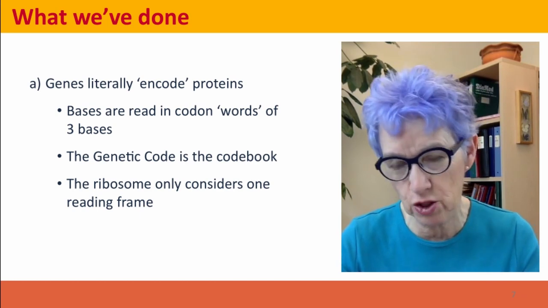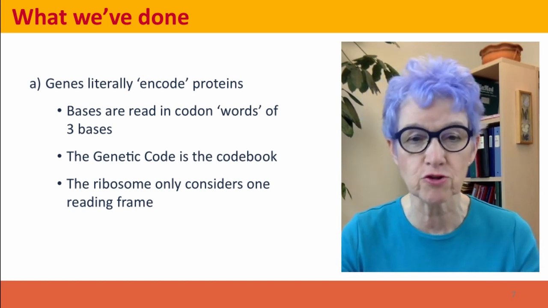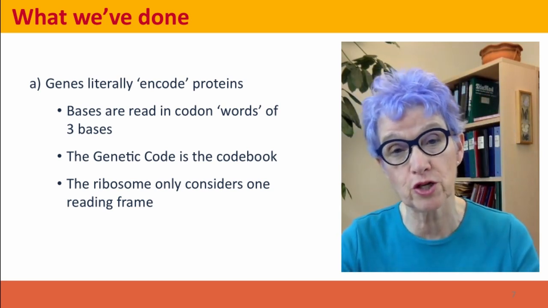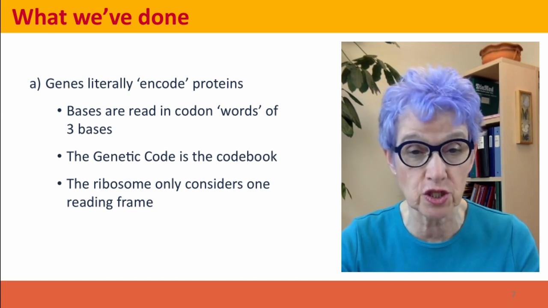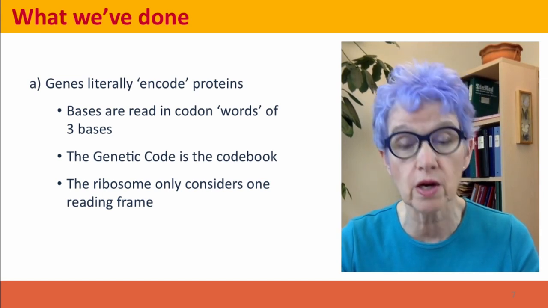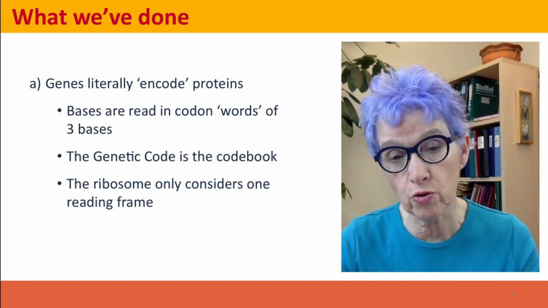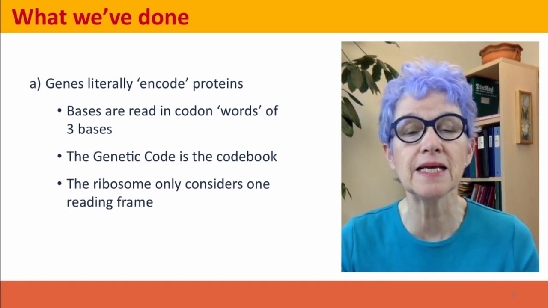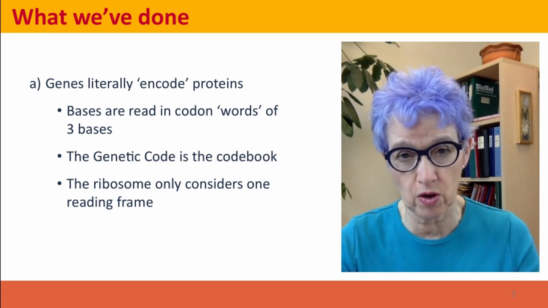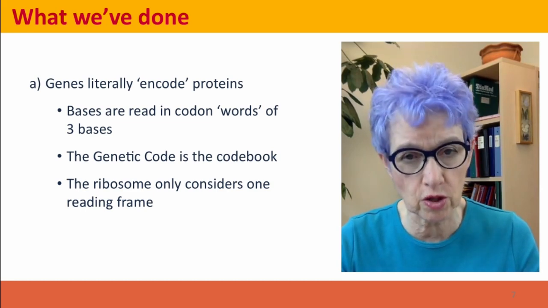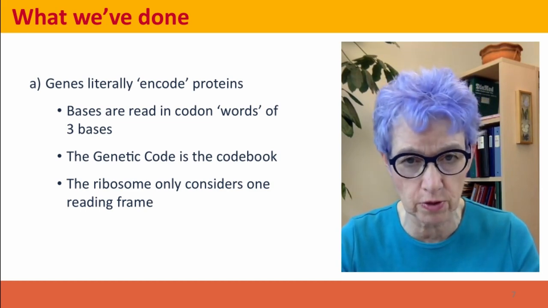It's as if in our language all the words were 3 letters long. The genetic code is the code book that translates the language. We'll talk later about how geneticists use the code book, but to a cell, the code book is physically instantiated in the transfer RNA molecules that bring the amino acids to the codons of the messenger RNA in the ribosome.